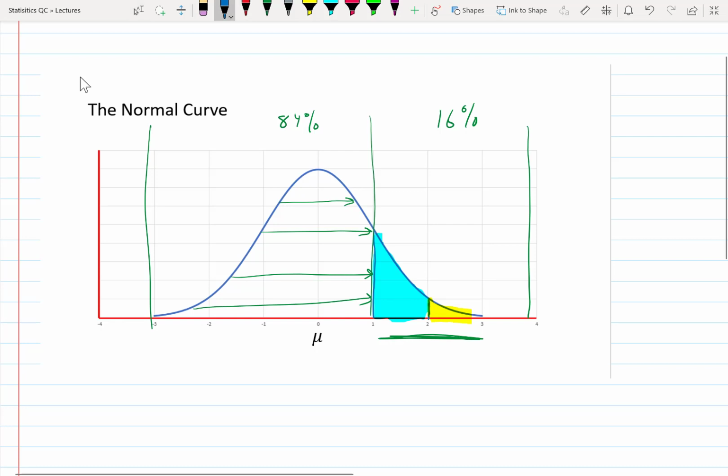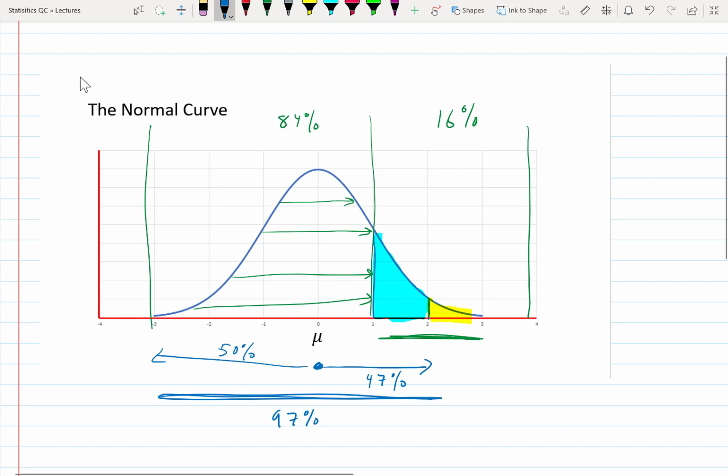Well, we know that the area from 0 to here represents 47%. We know that the area on this side equals another 50%. So that gives us a total area from here to here of 97%. We're only interested in the yellow area, though, over there.